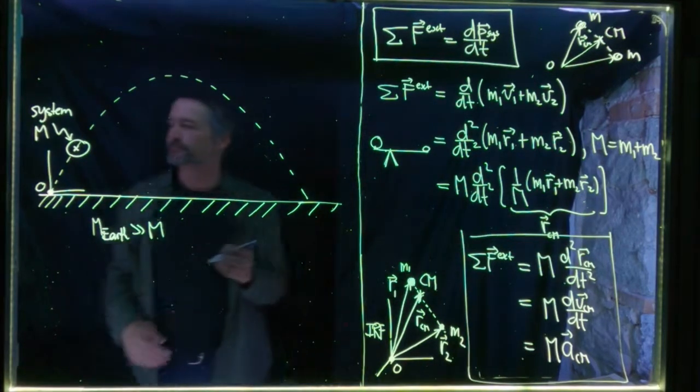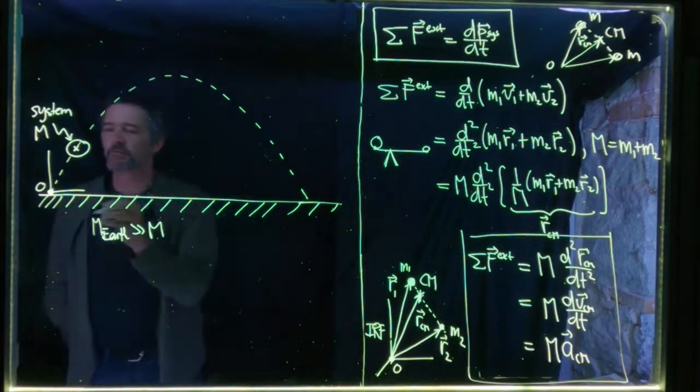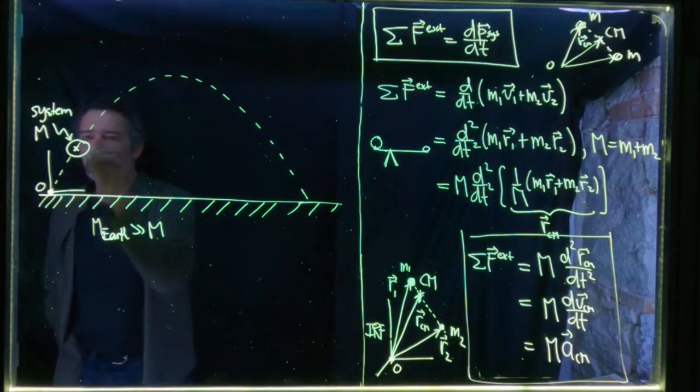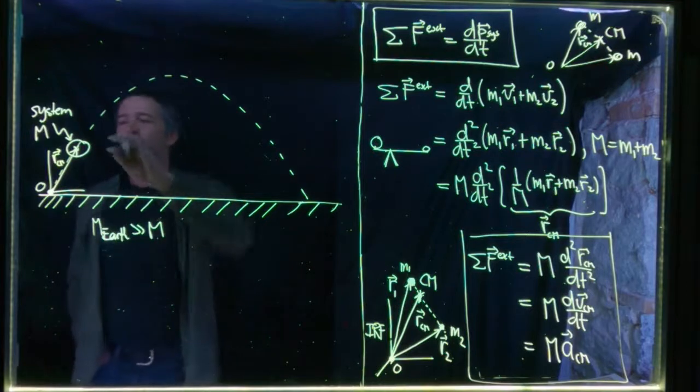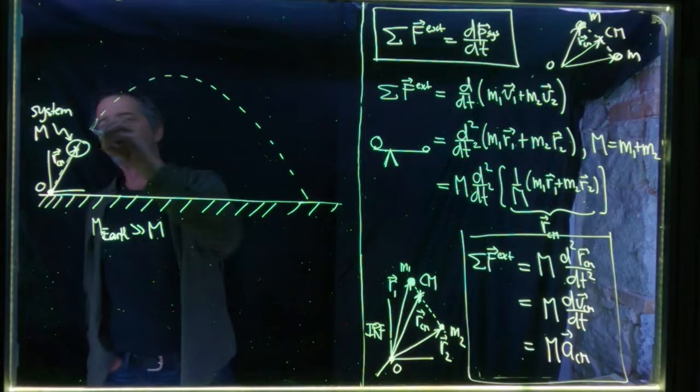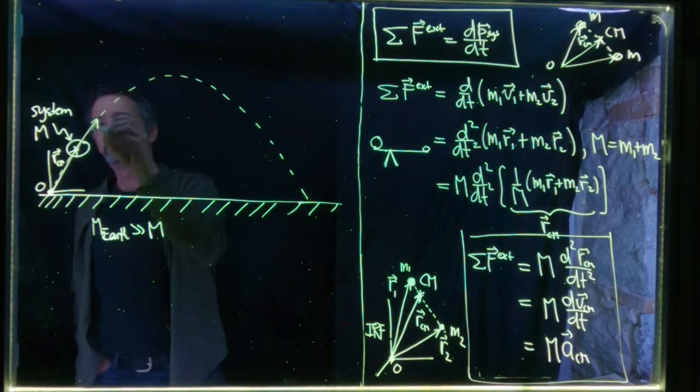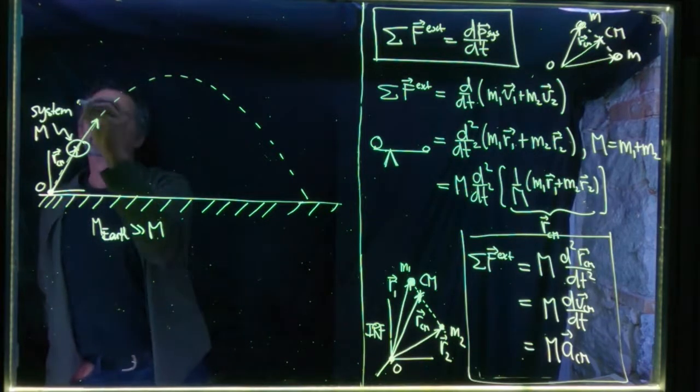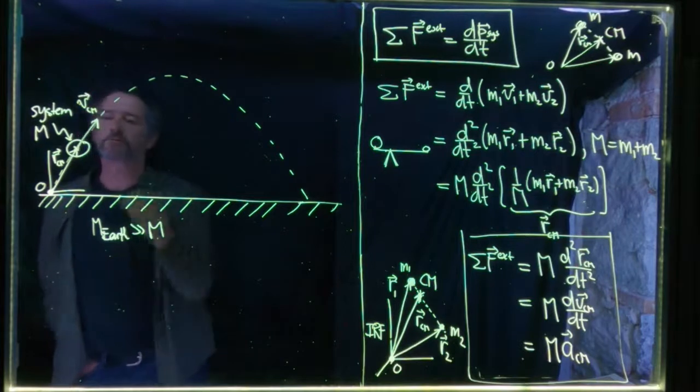So RCM at this instant of time is this vector. But of course, that center of mass point is moving. There's some velocity. So this is VCM at this instant of time.